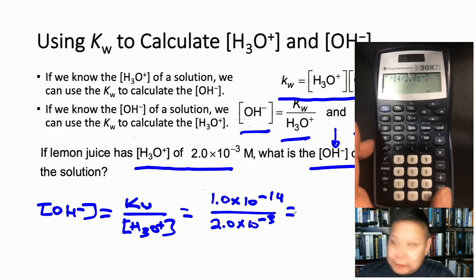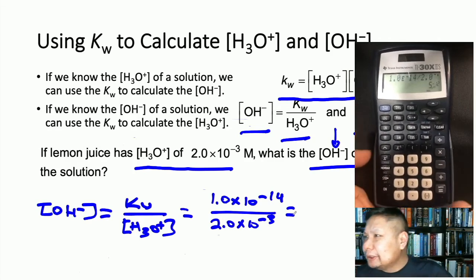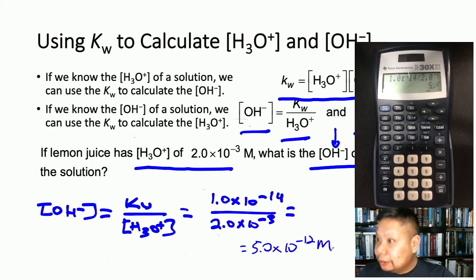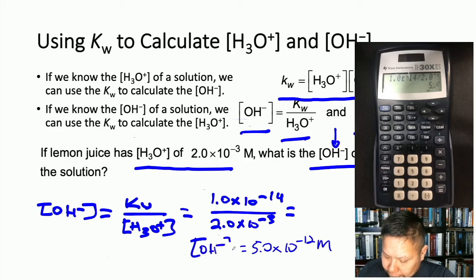Good. Press enter, and what do we get? We get 5.0 times 10 to the negative 12 molar. And that's our concentration of hydroxide ions. Cool stuff.